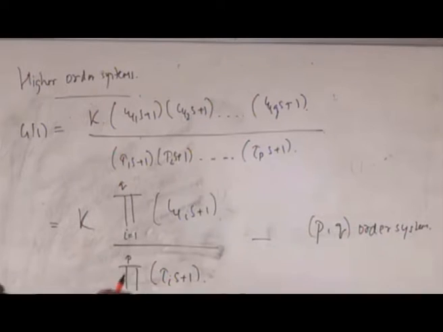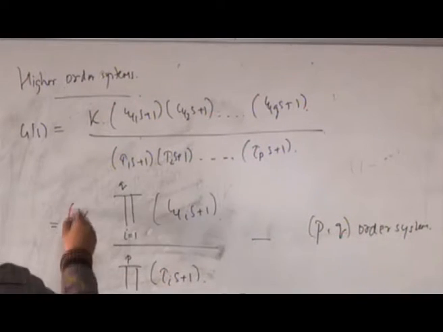Okay. So if I look at this equation, K is the steady state gain.